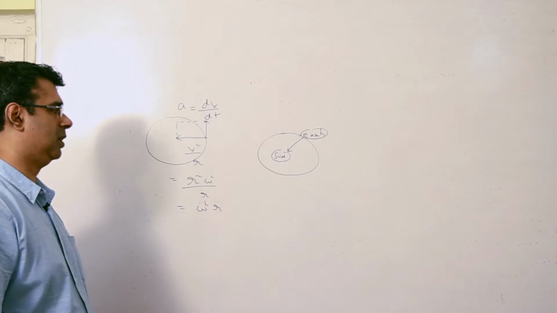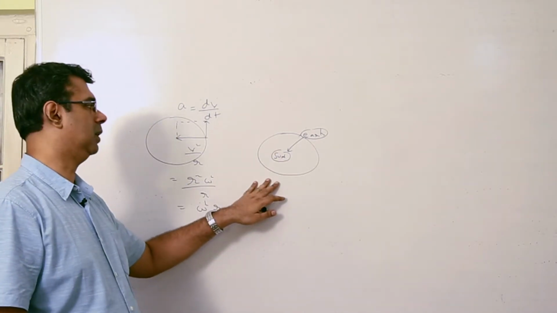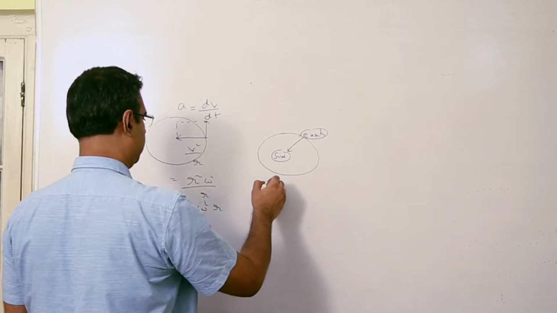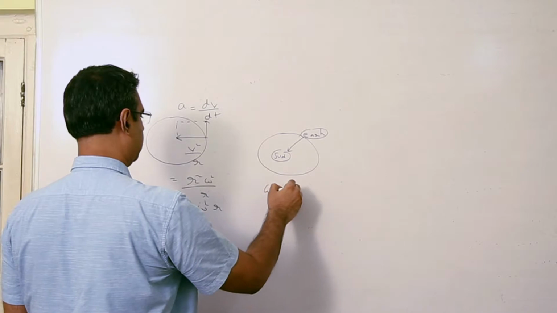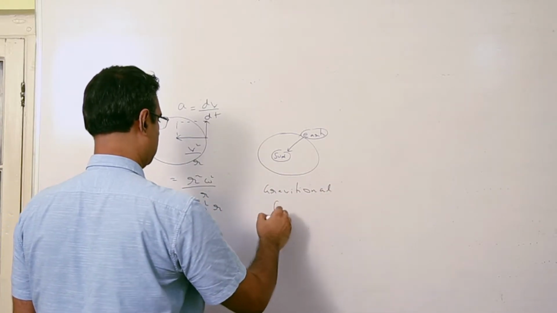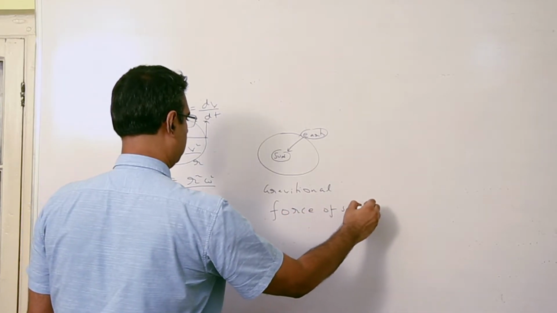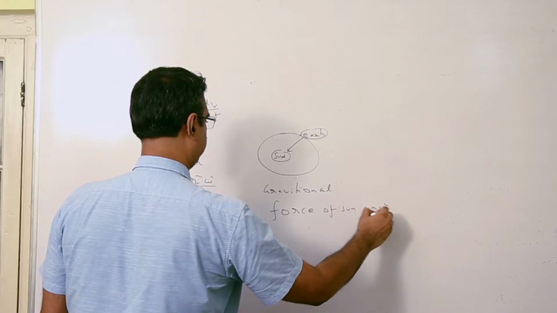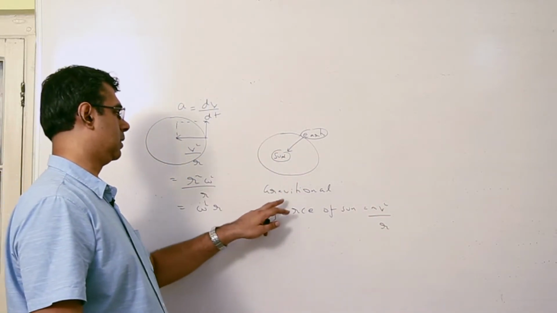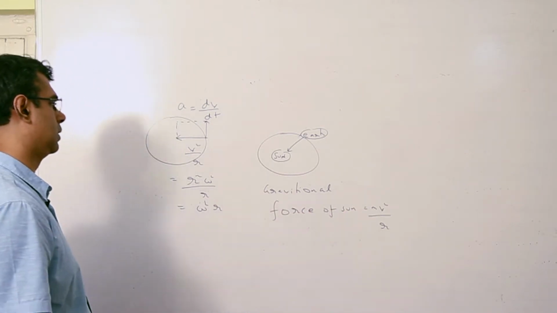We could approximate it to a circular motion. Because it's an orbital motion, there has to be a centripetal force, and that centripetal force is provided by gravity of the sun. So when the earth is orbiting the sun, the gravitational force of the sun is the centripetal force.